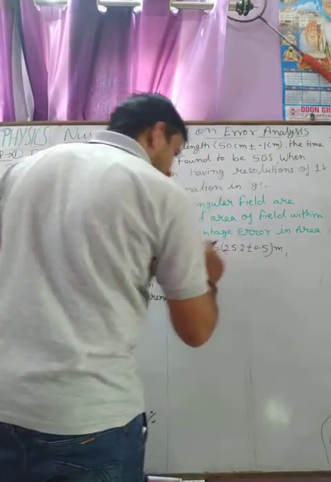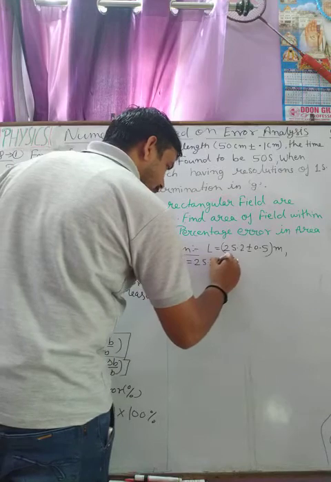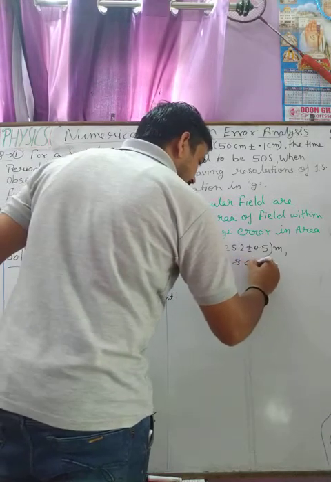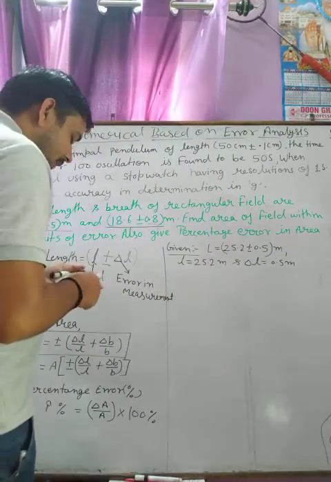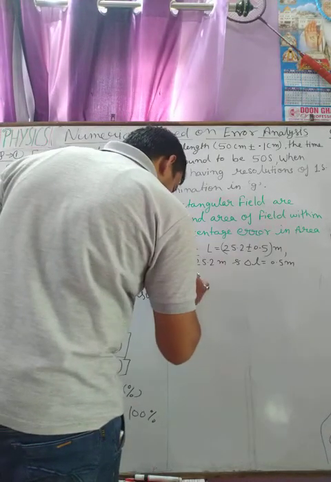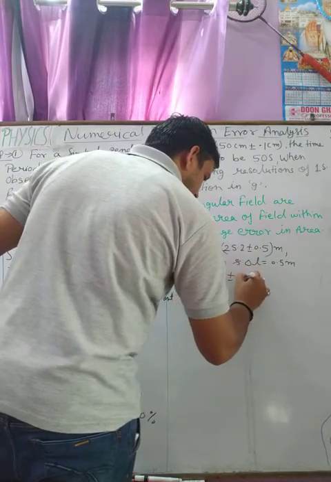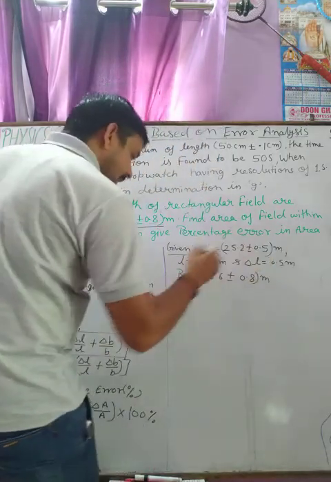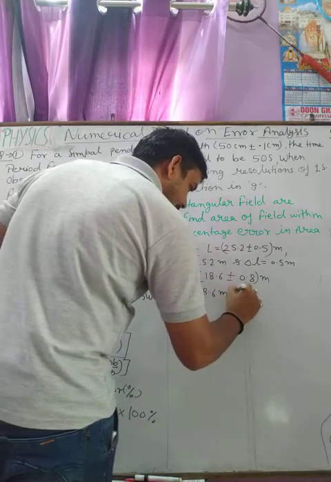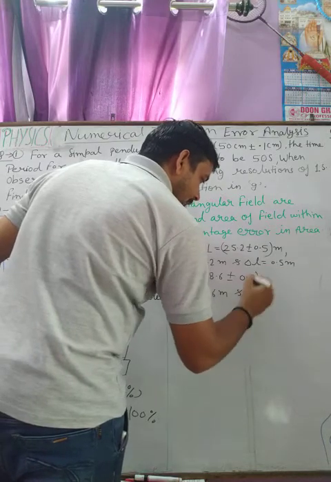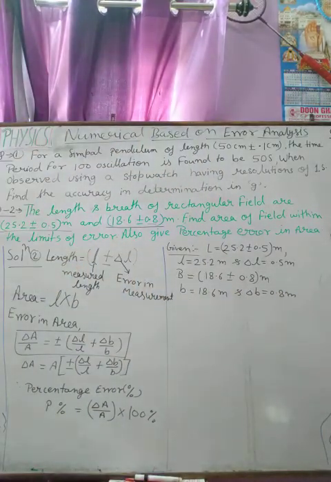So from here we have small l as 25.2 meter and ΔL as 0.5 meter. ये वैल्यूज तो हमें मिल गई हैं for the length. And next for the breadth, capital B is given as 18.6 ± 0.8 meter. From here we get small b, which is 18.6 meter, and the error in measurement of breadth is 0.8 meter.